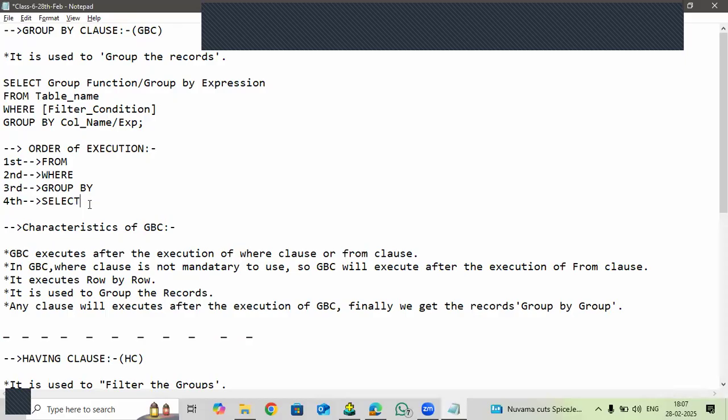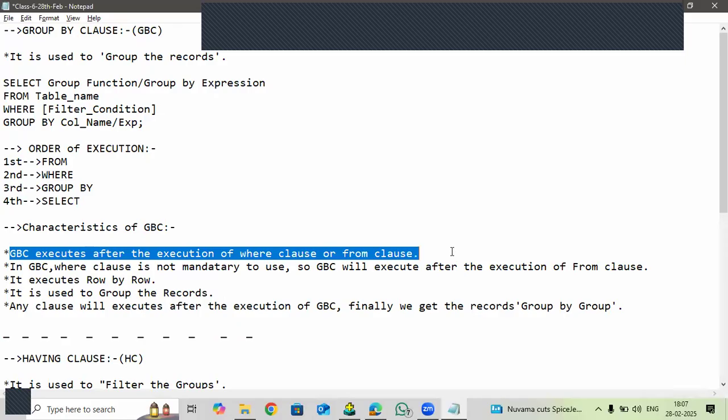With respect to group by clause, we also have some characteristics. The first one: group by clause executes after the execution of where clause or from clause.